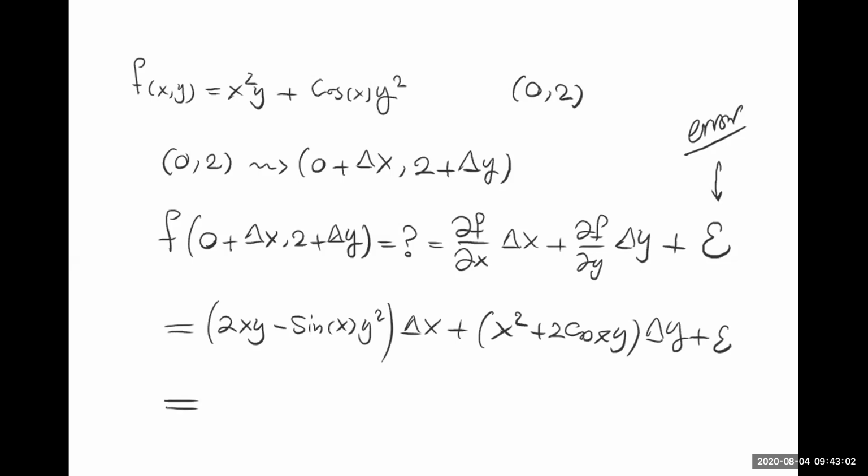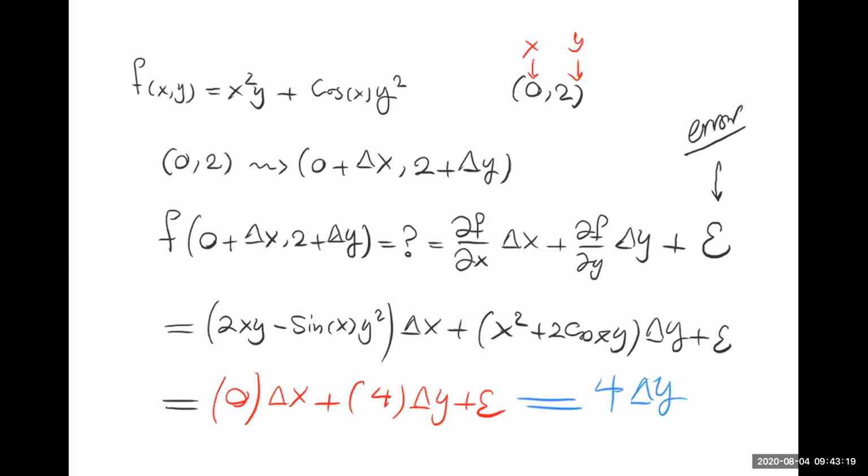Now here we are at the point where x is 0 and y is 2. If we replace them, we get 0 delta x plus 4 delta y plus epsilon. So the answer is 4 delta y plus epsilon. So f at a nearby point to 0 and 2 would be equal to 4 delta y plus epsilon.